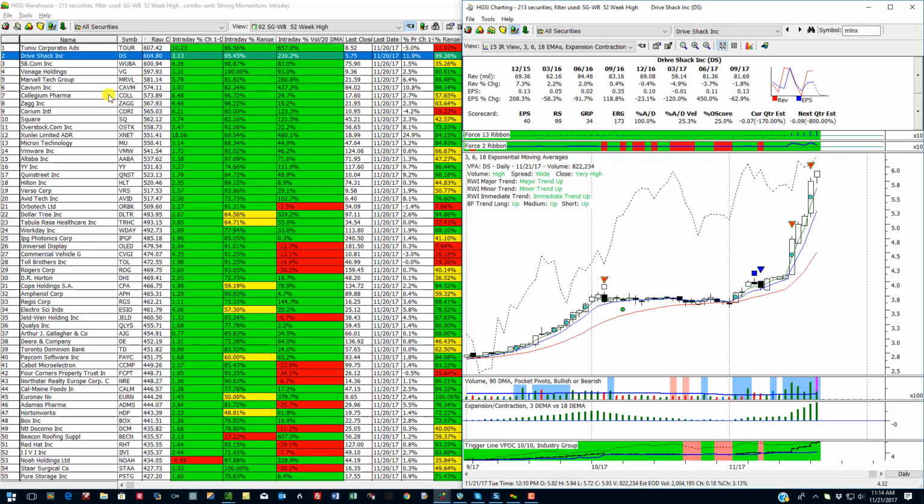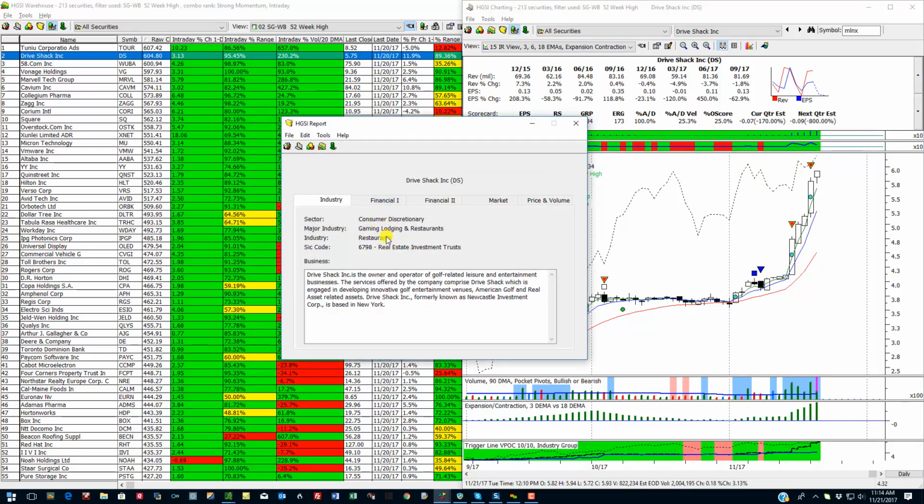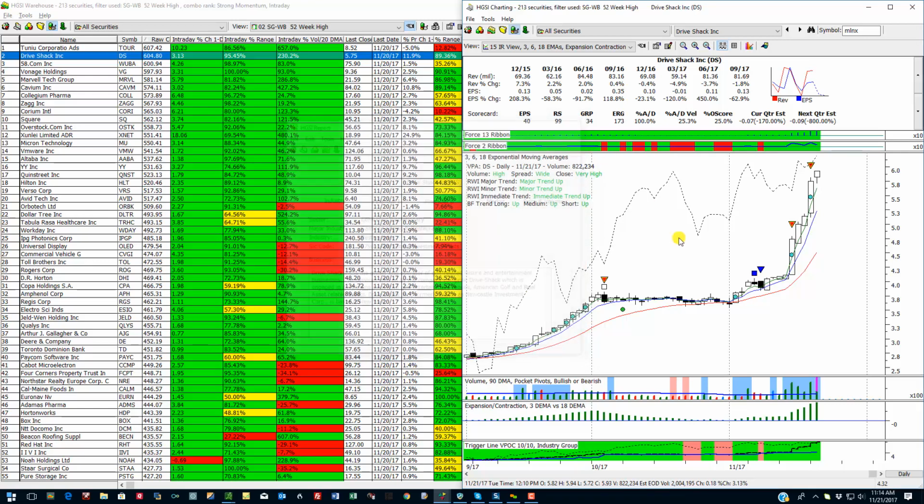Now here's a nice chart. Drive Shack. Not familiar with this one. Okay, but look at this. Look at this beautiful chart. Has anybody come across this one before?